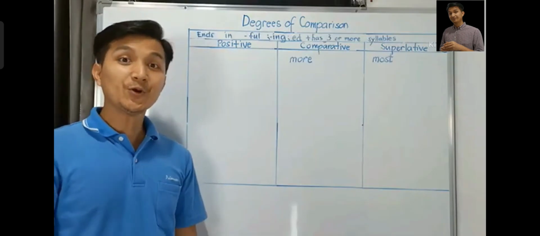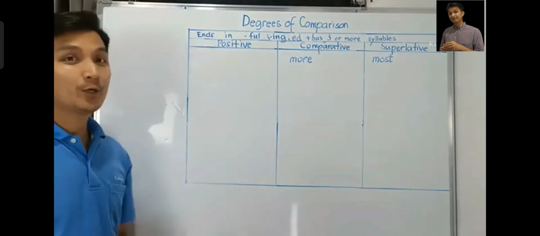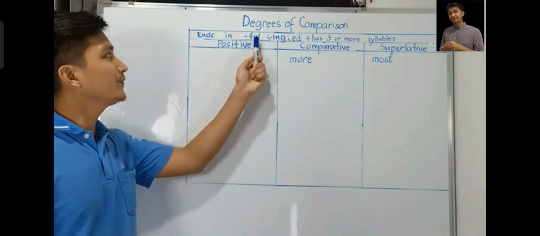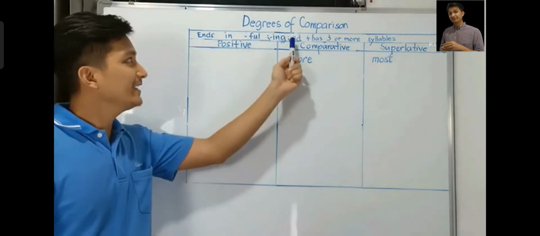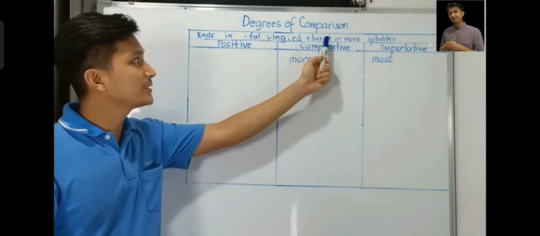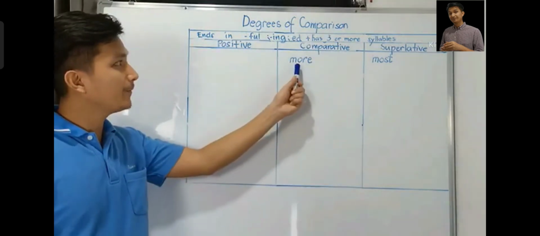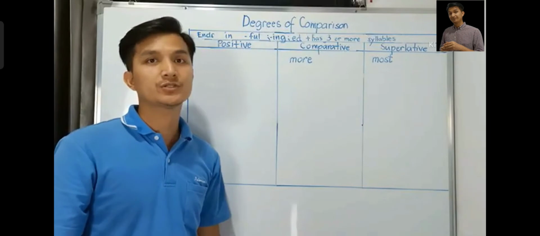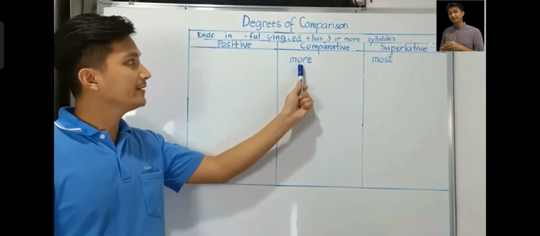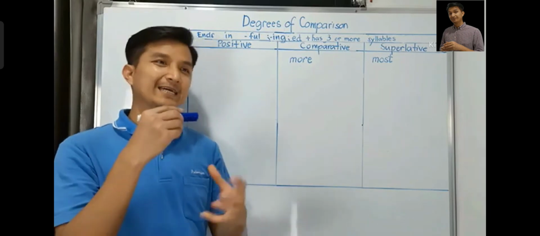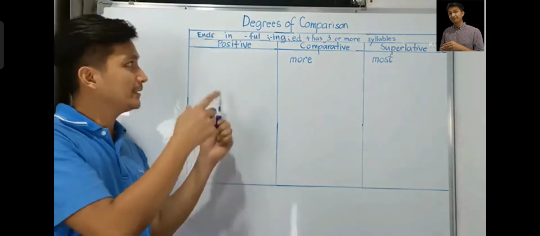Okay? Rule number 5. For the positive or adjective that ends in FUL, ING, ED, plus those that have three or more syllables, what we're going to do is add more and most. More for comparative and most for superlative. So let's take a look at some examples.